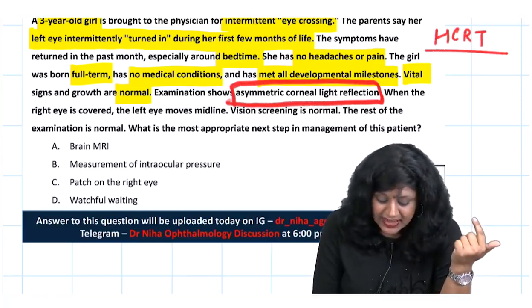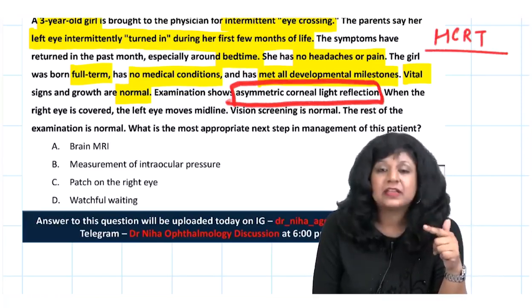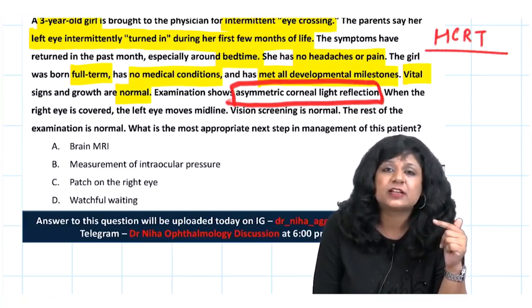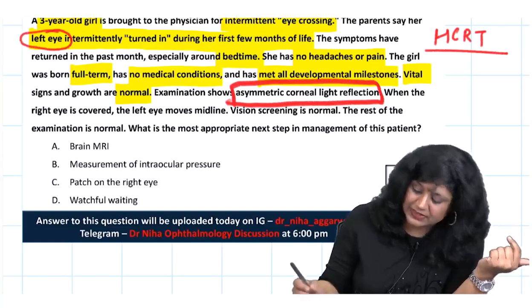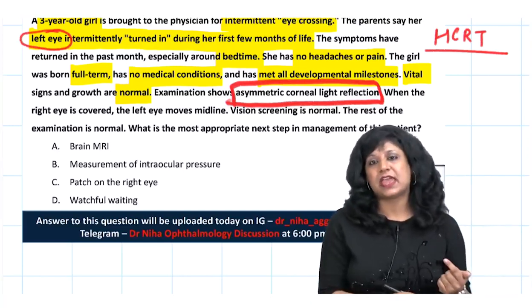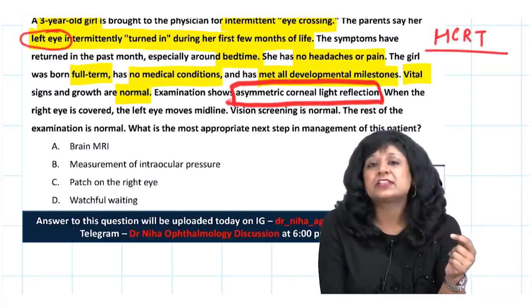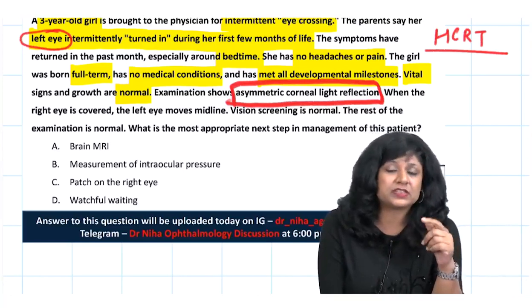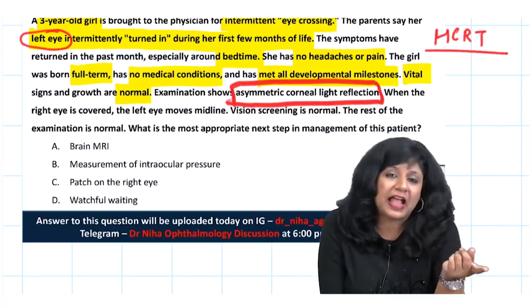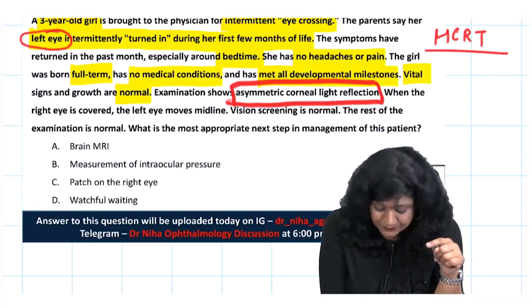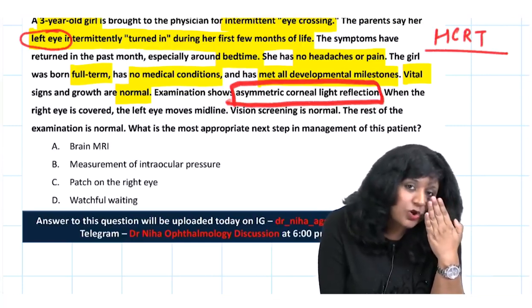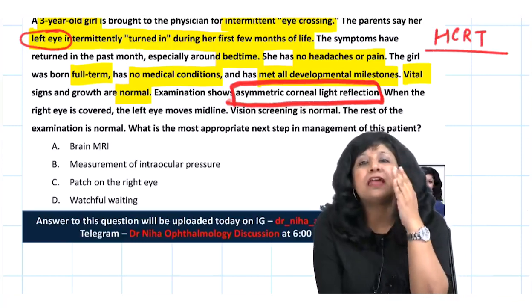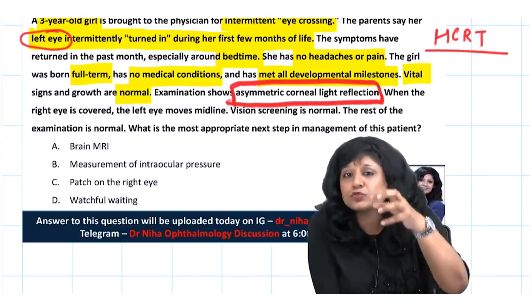Now when the right eye is covered, the left eye goes to the midline. So this problem was in the left eye. The left eye was having the squint, and that means a manifest squint. They cover the other eye and do the test. When they cover the other, normal eye, the left eye is forced to fixate.